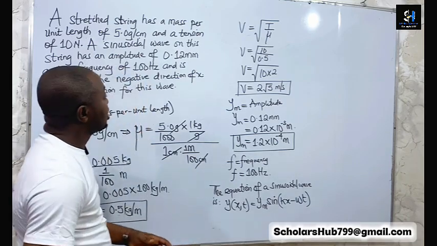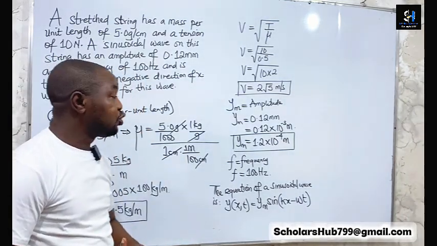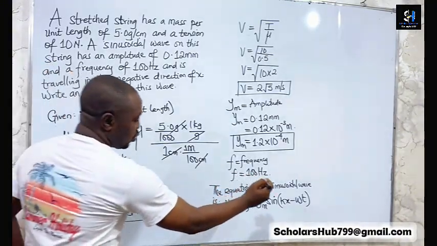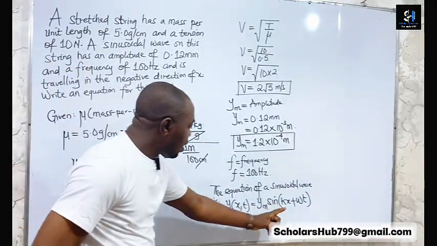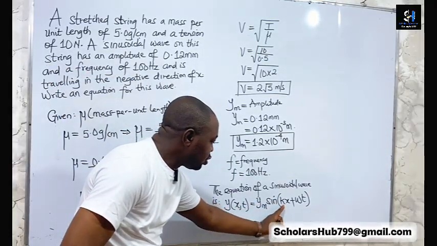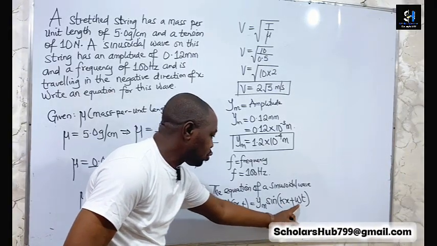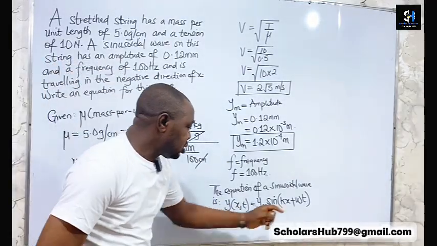But in this case, we want to write the equation of a sinusoidal wave traveling in the negative direction of x, so this will be positive. Now we need to know the value of the wave number and also omega, which is the angular frequency. And this is the wave number.